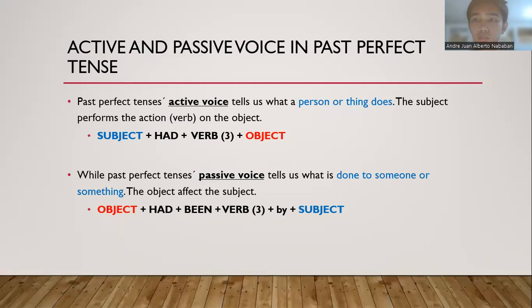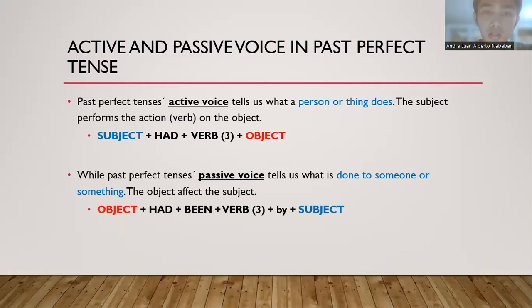We need to explore more. We need to get to know what else this tense could be used for. So I put it here: the active and passive voice in past perfect tense.